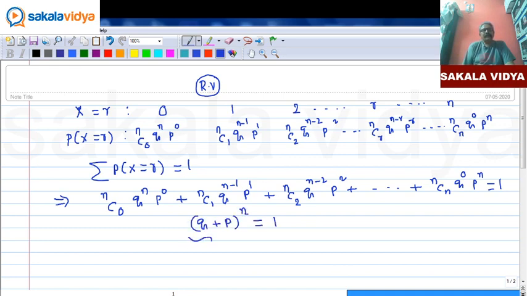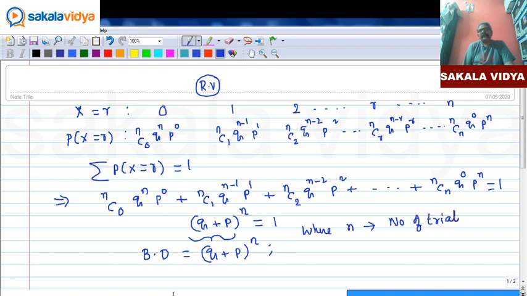Here (q plus p) whole to the power of n, q plus p is nothing but 1, and 1 is distributed among the intervals. So hereafter, BD, binomial distribution, is given by (q plus p) whole to the power of n. Once again, n is the number of trials or Bernoulli trials, because it was invented by the great mathematician Bernoulli.